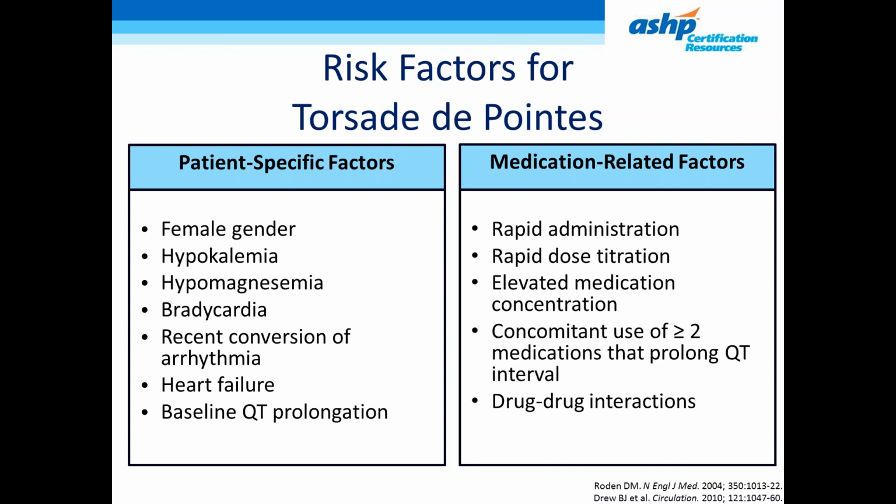Some medication-related factors include rapid administration or rapid dose titration, an elevated medication concentration, either from failure to adjust the dose, for example, in patients with renal insufficiency, concomitant use of more than 2 medications that prolong the QT interval, and then drug-drug interactions.